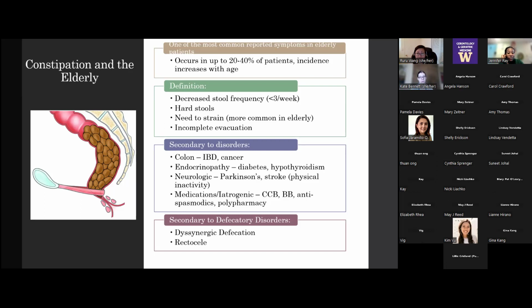And then polypharmacy, which I know we're good about in geriatric clinic for screening for that. But that's something we have to look at too, because all those things in play will definitely affect the GI tract motility. If you're not finding any organic disease, it could be secondary to a functional constipation or a defecatory disorder, such as a rectocele or dyssynergic defecation, and I'll discuss that more in detail.